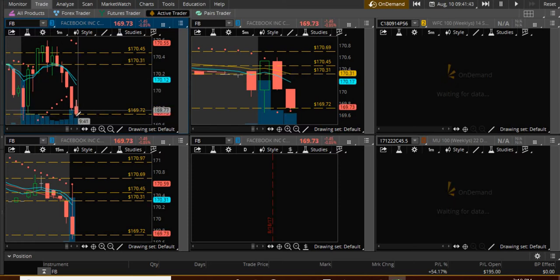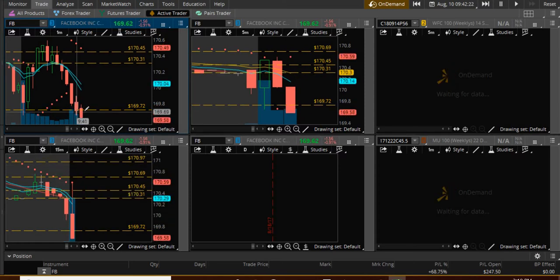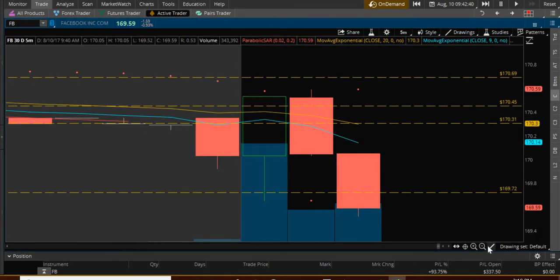Now when it gets to a support area, you usually see a few bounces here before it continues down, if it continues down. Clean break. Let's pan out for a minute.